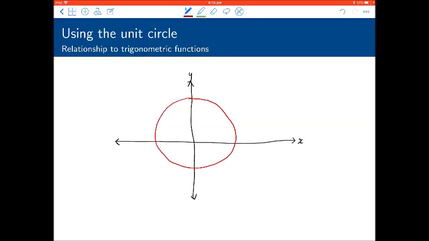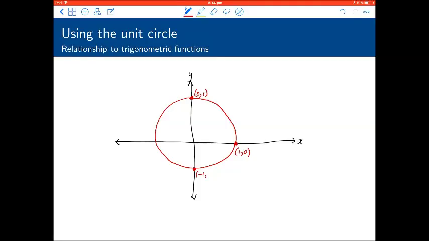Now because this has radius 1, at this point the x value is 1, the y value is 0. Here the x value is 0, the y value is 1.